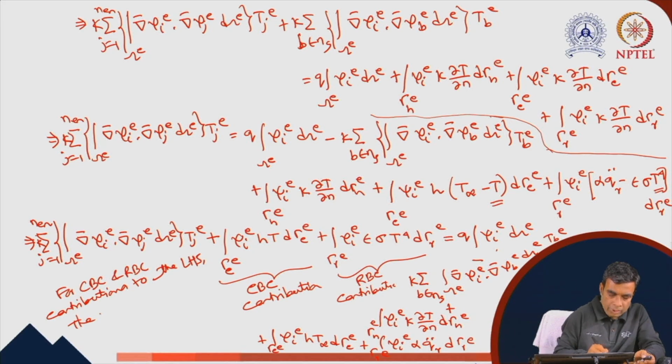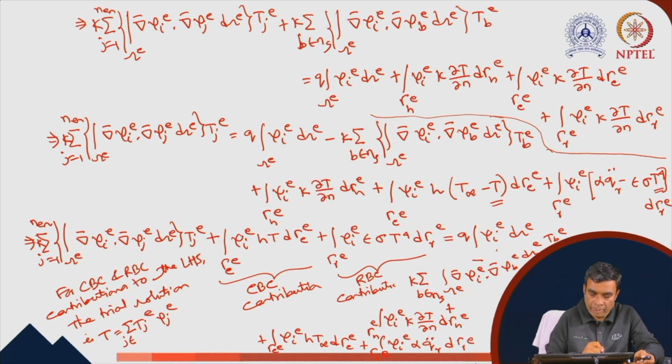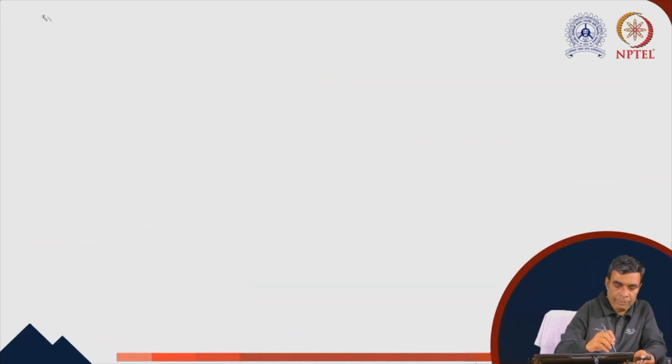The trial solution will be excluding the essential boundary part. It is T equals summation TJE psi JE, where J belongs to that particular boundary, gamma C or gamma R.